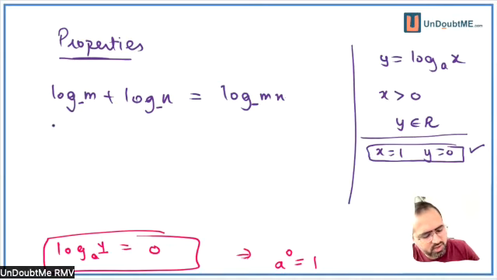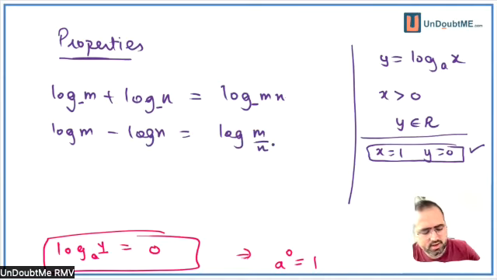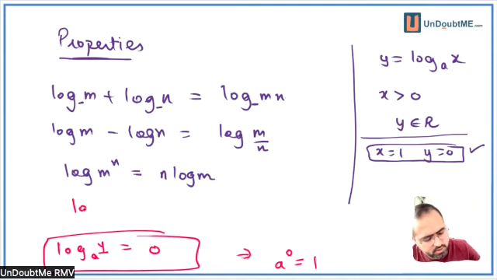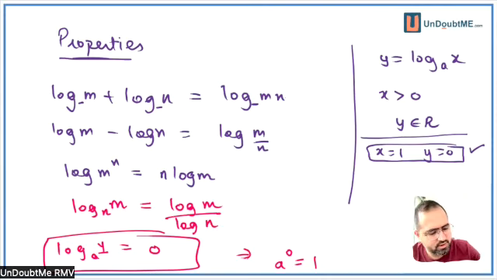Moving on to the next property, log of m minus log of n is equal to log of m by n. Next, log of m to the power n will be equal to n log m. Log of m to the base n can be written as log m over log n to any base of our choice.